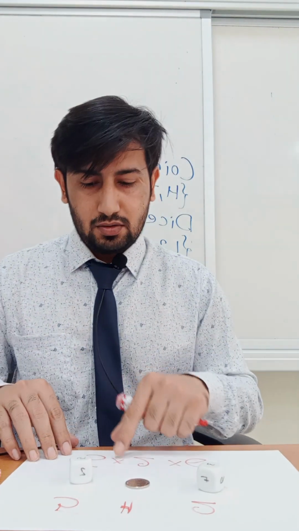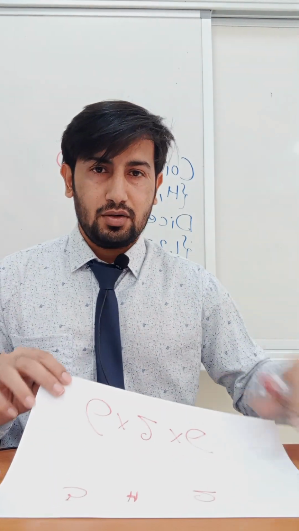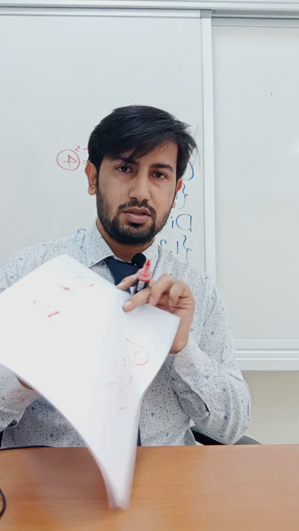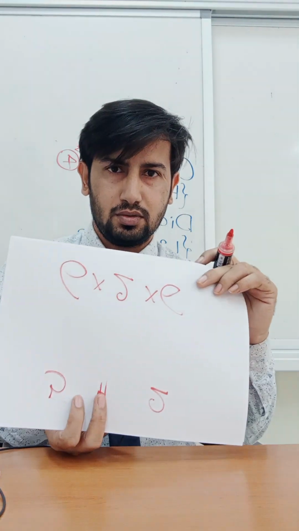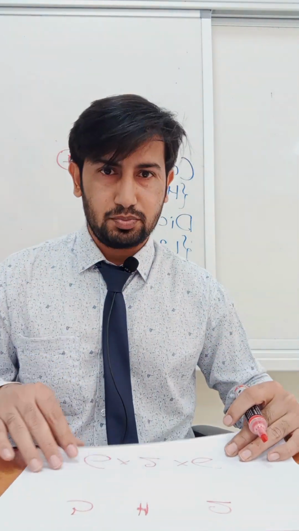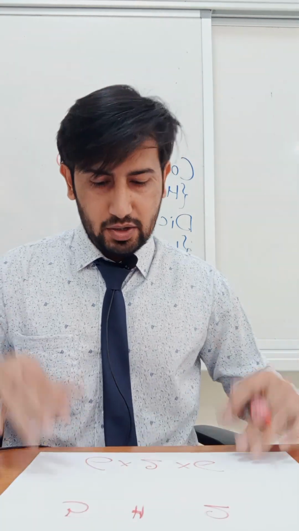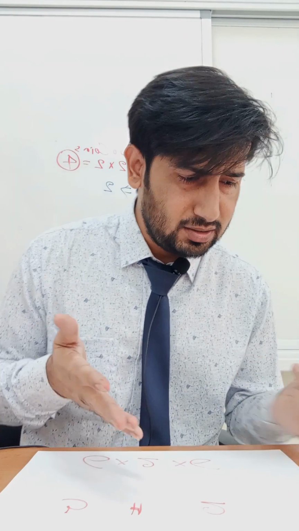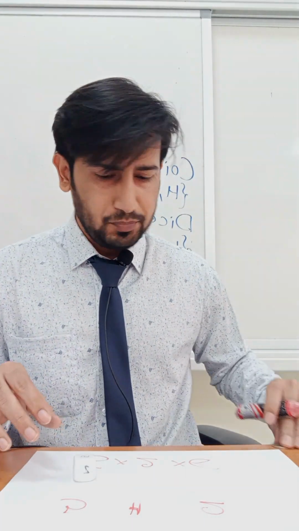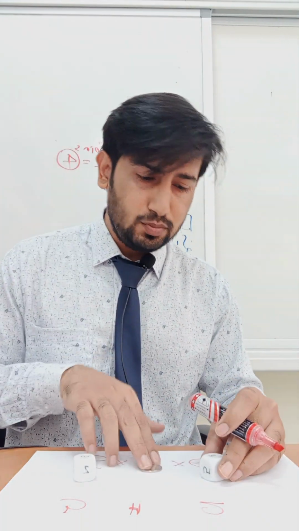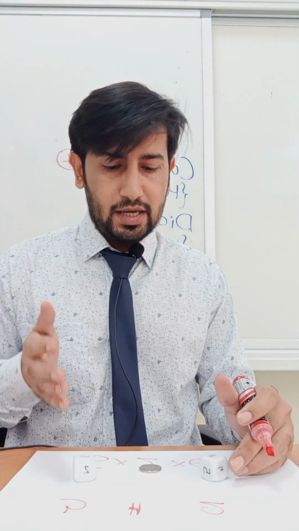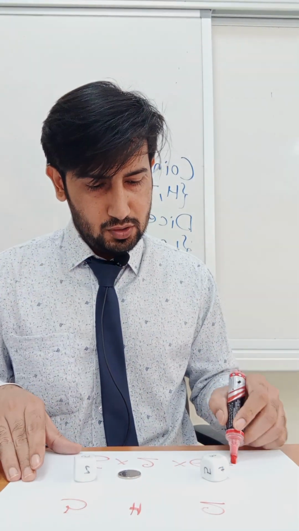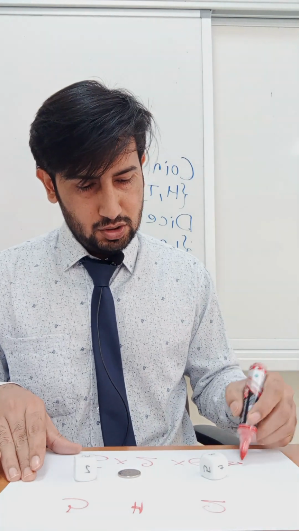So what will you have now? Anyway, 6 multiplied by 2 multiplied by 6. That you can do, this is just normal math, not a difficult one. 6 multiplied by 2 is 12. 12 multiplied by 6 will give you 72, right?